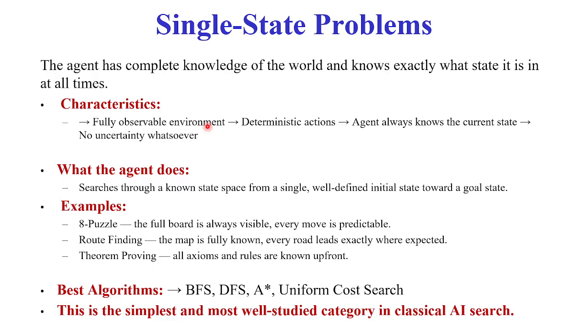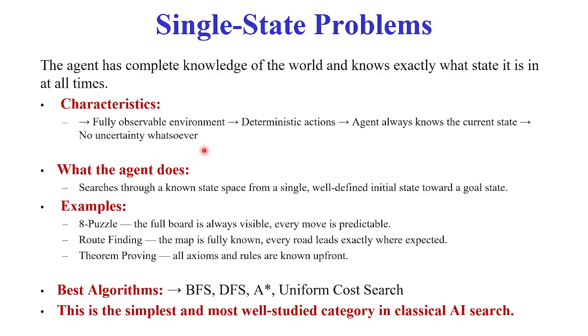Nothing is hidden. Secondly, the actions are deterministic. So when the agent does something, it knows with certainty what will happen next. Third, the agent always knows the current state. So there is no guessing, no estimation. Fourth, there is no uncertainty whatsoever.